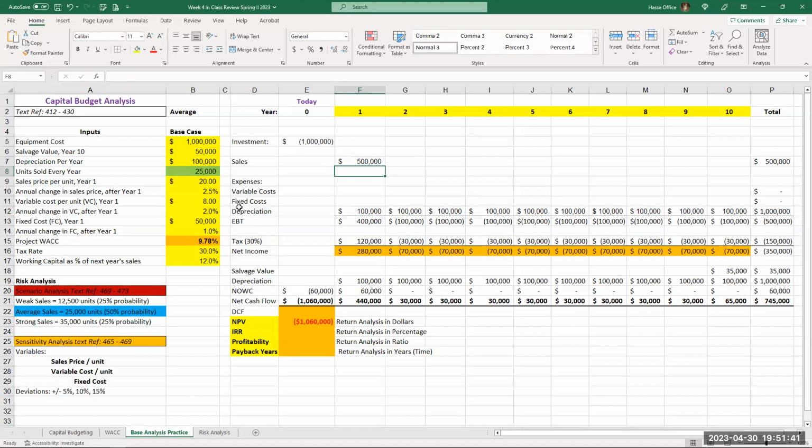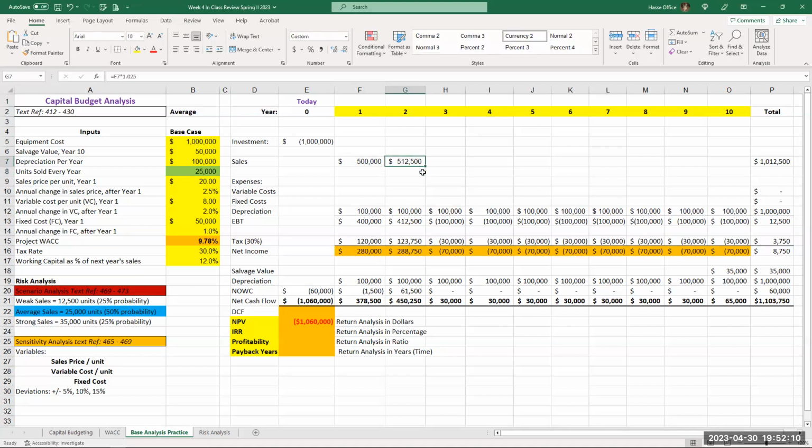Okay. Now they tell me the annual change in sale price after year 1 is 2.5%. So this is going to be inflated every year at 2.5%. So now I'm going to put a formula here equals that 500,000 times 1.025, an additional 2.5%.